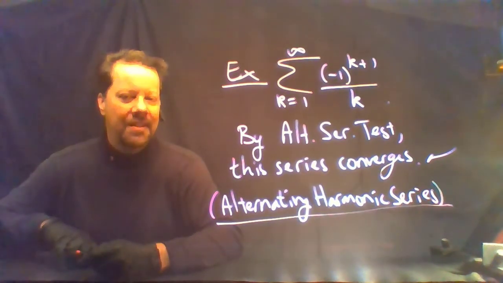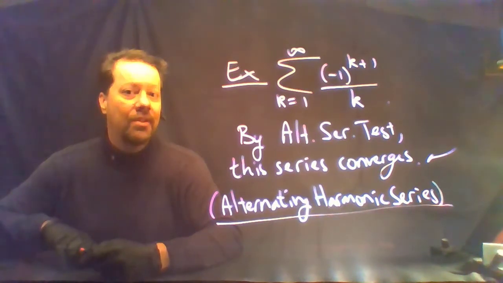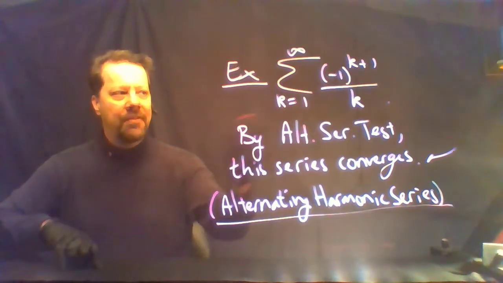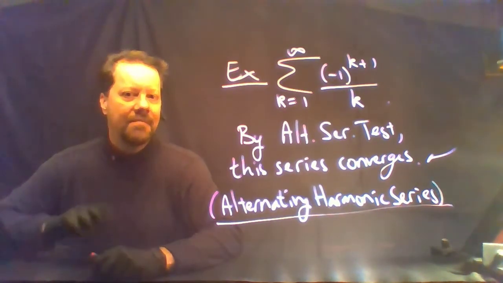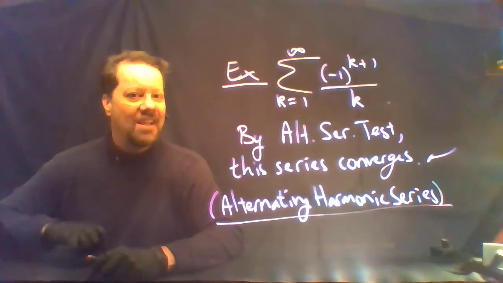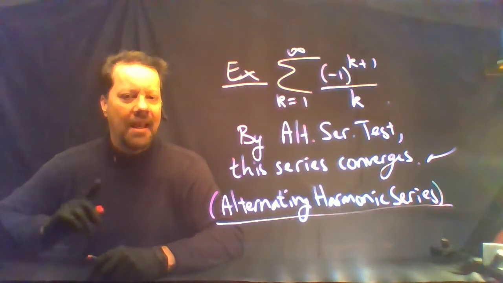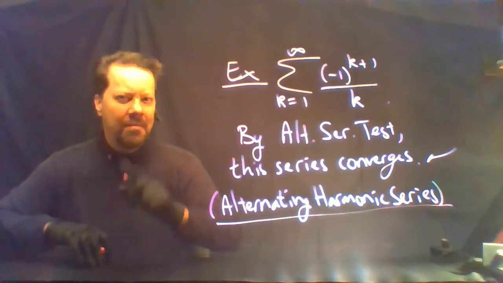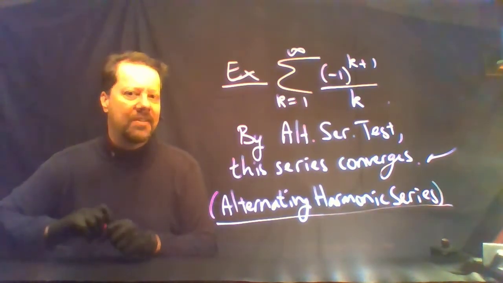Everyone knows that the alternating harmonic series converges. If you see this series in the future, you can claim that's the alternating harmonic series, and hence it converges. But there's something else about this series you need to be aware of.